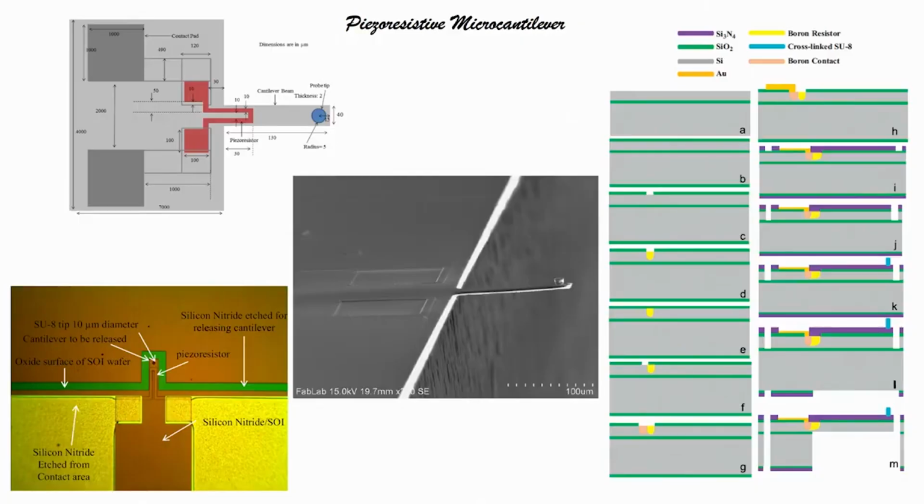What we have seen is how to fabricate the piezoresistive micro cantilever. If you recall, this particular one is a sensor. From here to here is a contact, and from here to here is a contact; you can see that red mark. And this one is our resistor, which goes all the way from here to here.